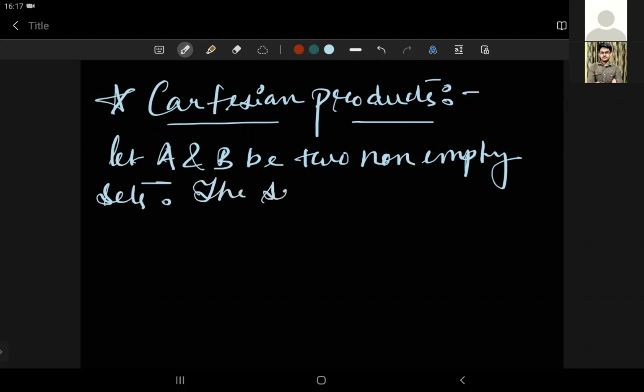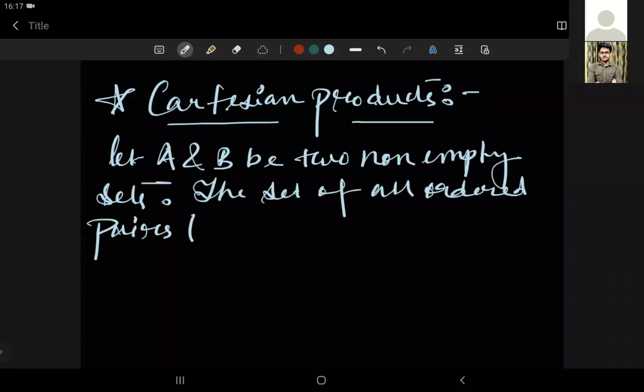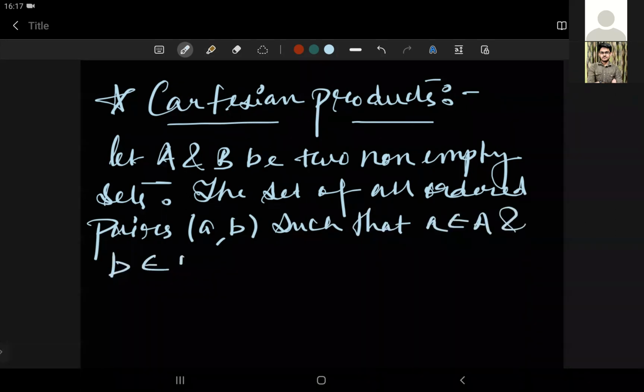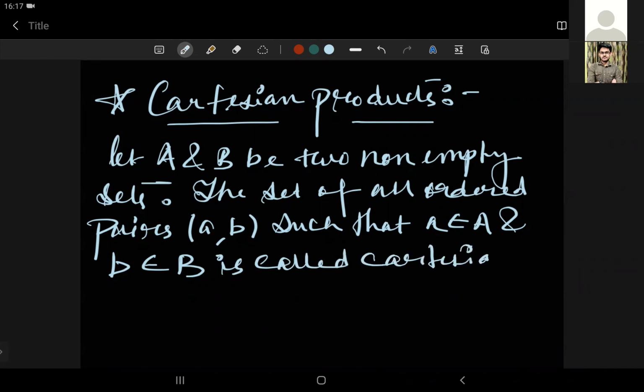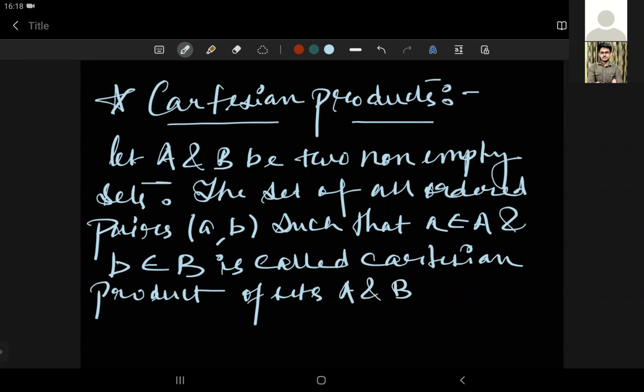The set of all ordered pairs a comma b such that a belongs to capital A and b belongs to capital B is called the Cartesian product of sets A and B, and is obviously denoted by A cross B.